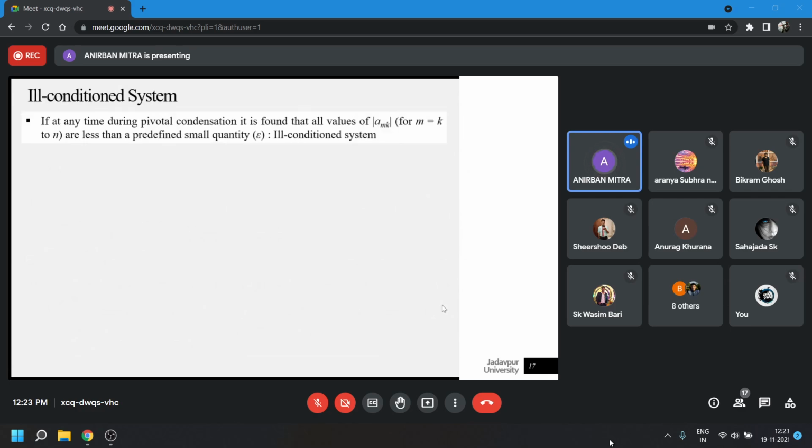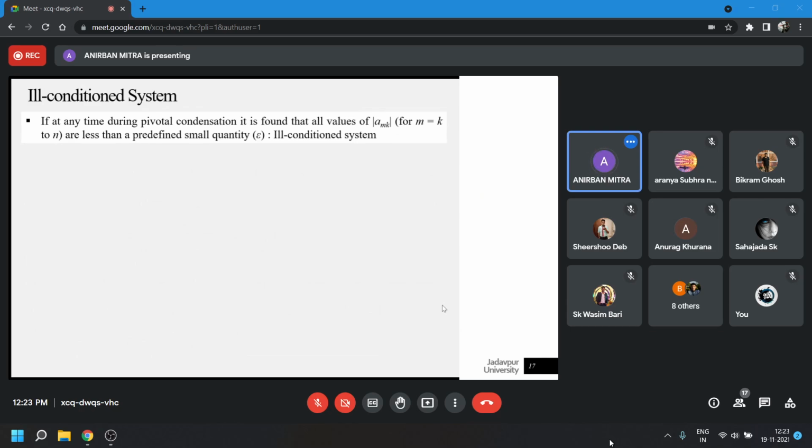However, there are certain situations when during pivotal condensation, it is found that all the values of amk for m varying from k to n are less than a predefined small quantity, let's say epsilon.